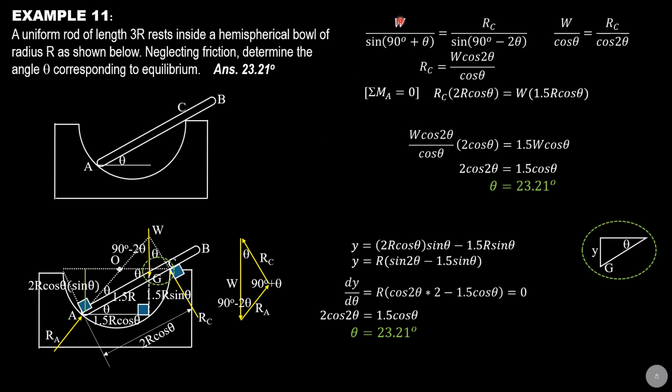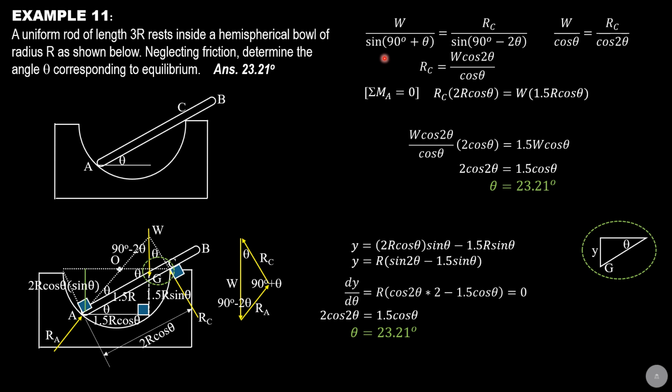So that is W over sine of 90 degrees minus theta equals R sub C over sine of 90 degrees minus 2 theta. This is sine of the complement of 2 theta, or sine of 90 degrees minus 2 theta, which is cosine of 2 theta.